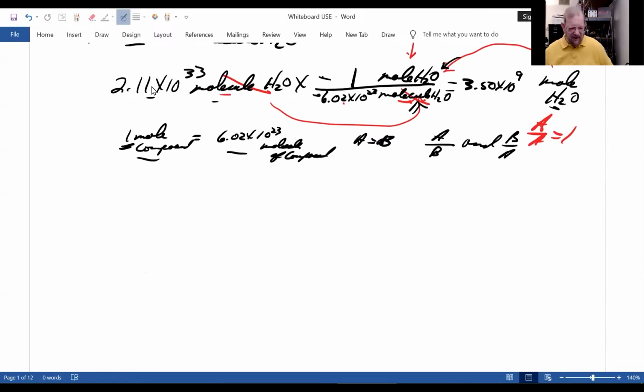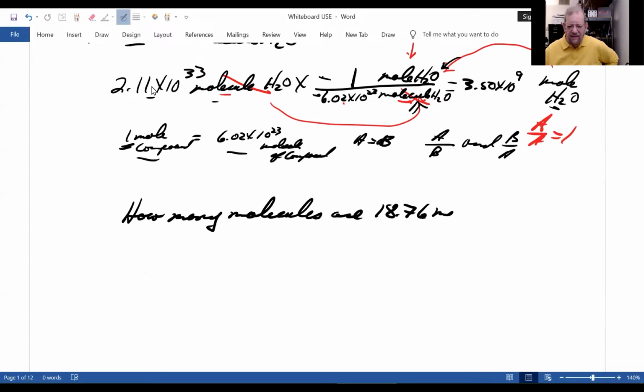And why don't you try one? And here's one for you to try. How many molecules are 18.76 moles of hydrogen gas, H2?